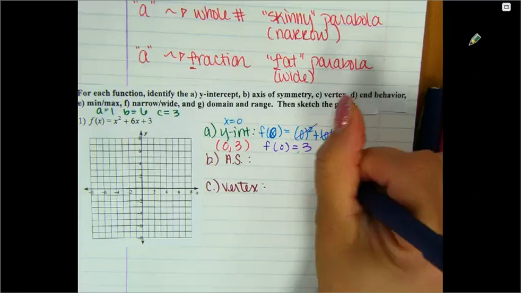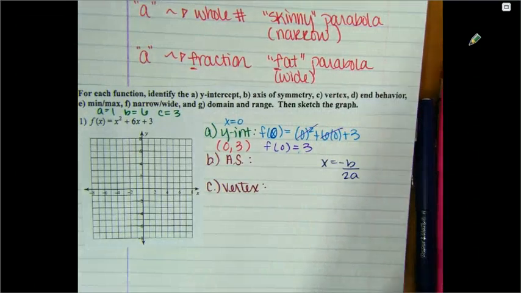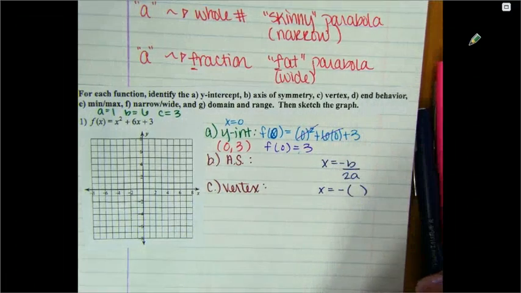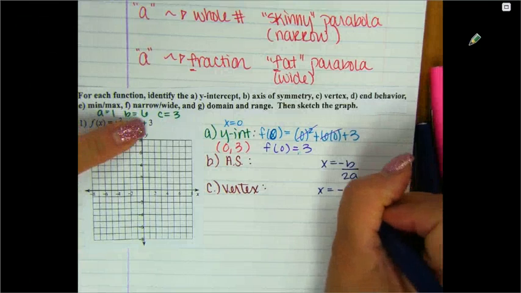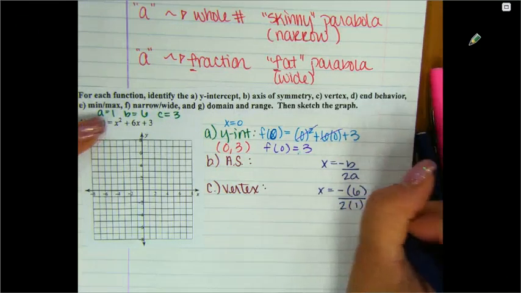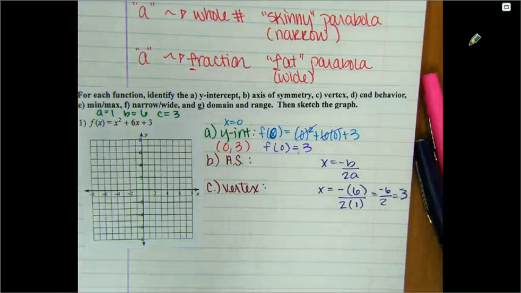So I'm going to solve it over here on the side. What's my b term? It's 6, over 2 times my a term, which is 1. So I get negative 6 over 2, which is negative 3. Does that make sense?